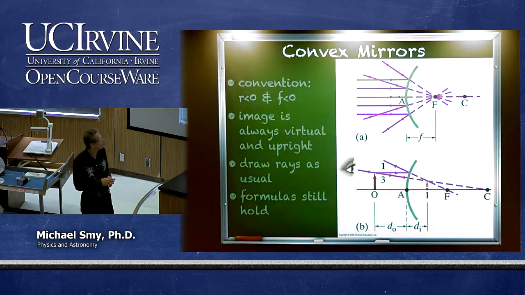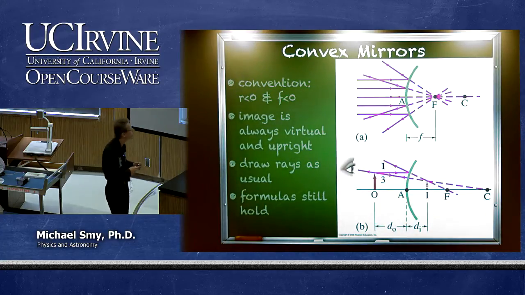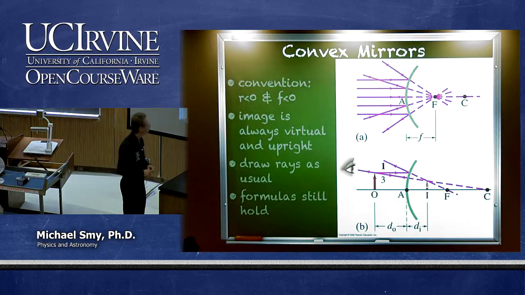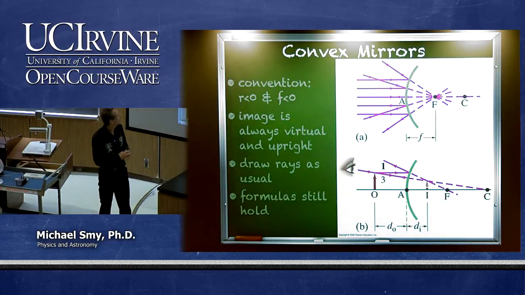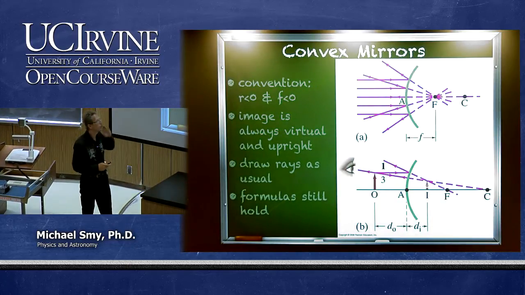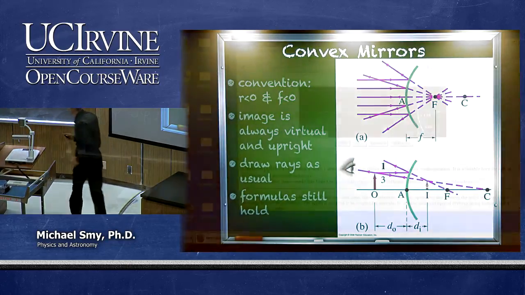If we draw the focal ray from the object, then again we have to use this focal point here. We draw the line down to here, and then it will get reflected parallel, just like it was for the concave mirror. So all the formulas also still hold as before.